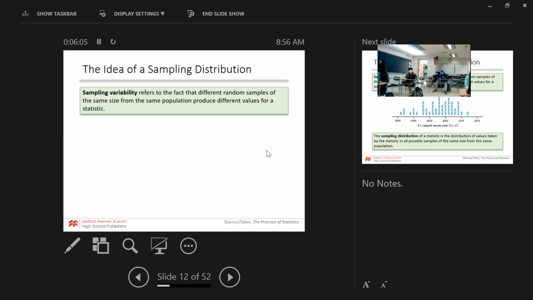It refers to the fact that different random samples of the same size, of the same population, could produce different values for a statistic. In one advisory, it's 12 out of 18 children bring their lunch. In another one, it's 10 out of 18. That is sampling variability.